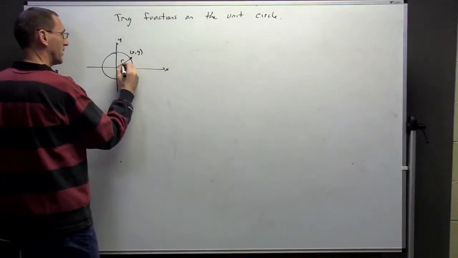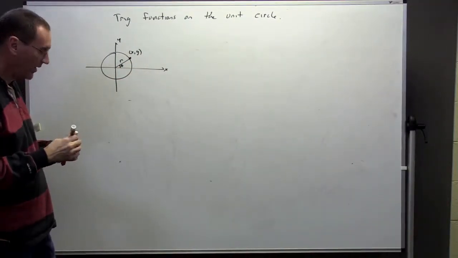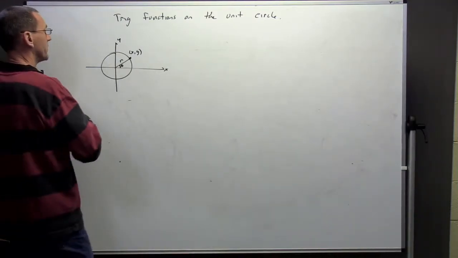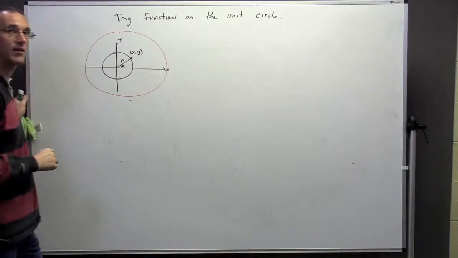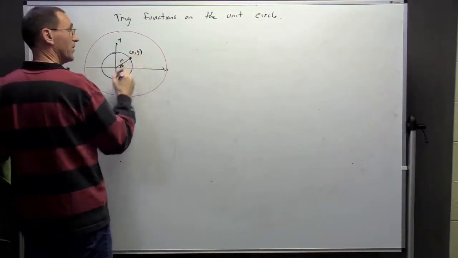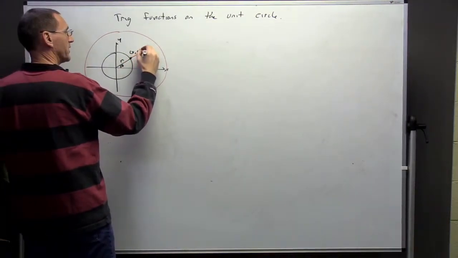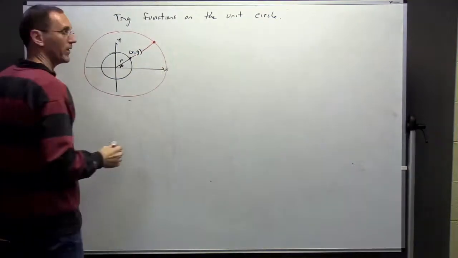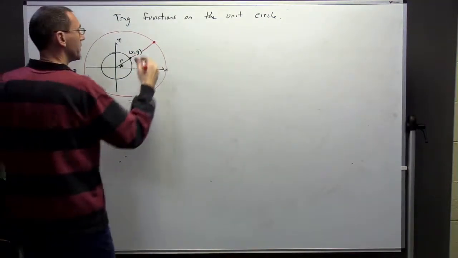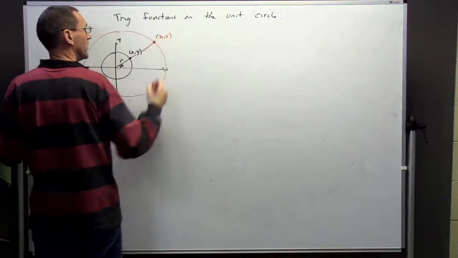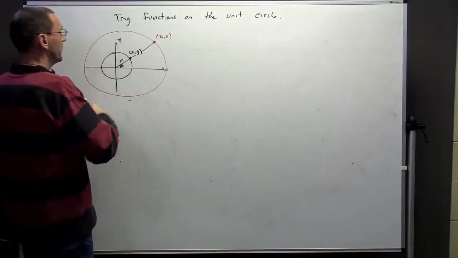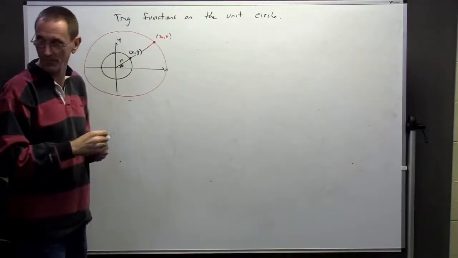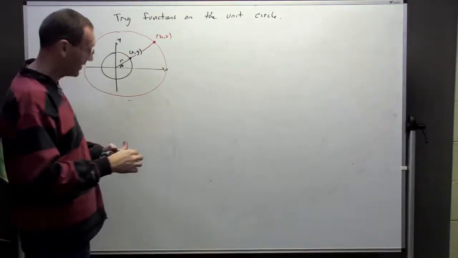And this is given by some angle theta. The thing to note, if I were to take an even bigger circle, like this, perfectly centered, and extend this out and look at this point right there, let's call this point u and v. Okay? Is there a relationship between x and y and u and v? Okay, and the answer is going to be yes.